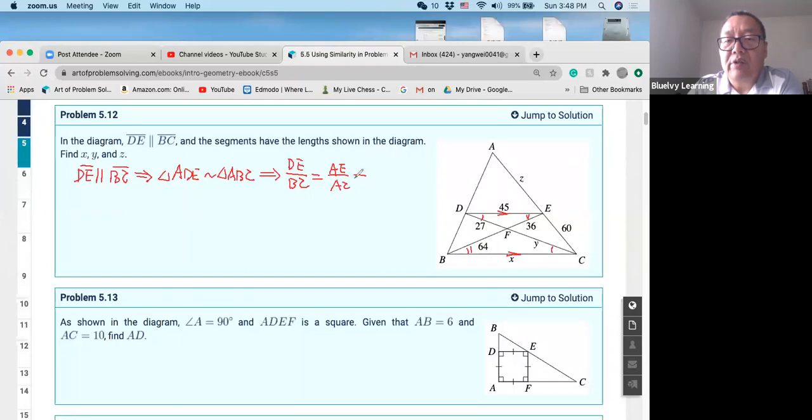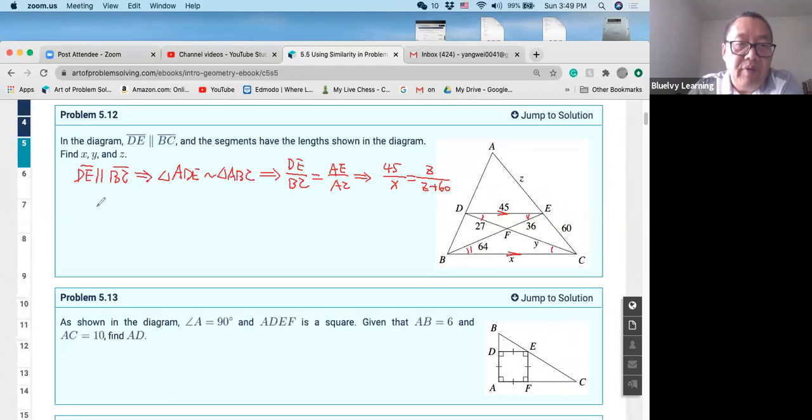Then you can plug the numbers here. DE, that's 45. BC, that's X. And AE, that's Z. And AC, that's Z plus 60, right? So notice here in this equation, you have two variables. You cannot get X and Z using this one equation. So that means you need another equation.